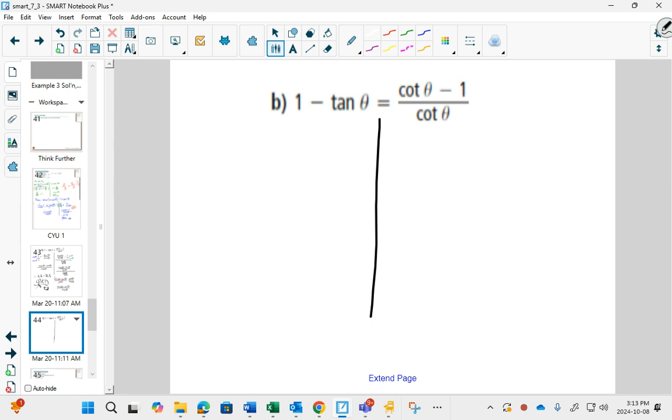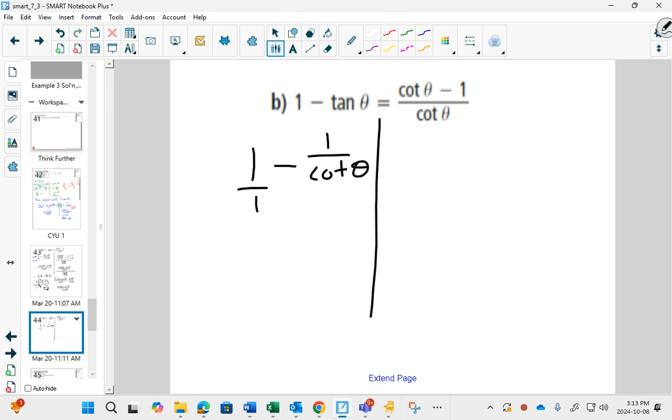If I change to only tangent, you see on the right-hand side, changing the cotangent to 1 over tangent, I'll have fractions inside of fractions, and it will seem relatively about the same amount of work as the previous strategy. But if I change my tangent to 1 over cotangent, and I still use the strategy of, let's get a single fraction on both sides, right? This is 1 over 1.